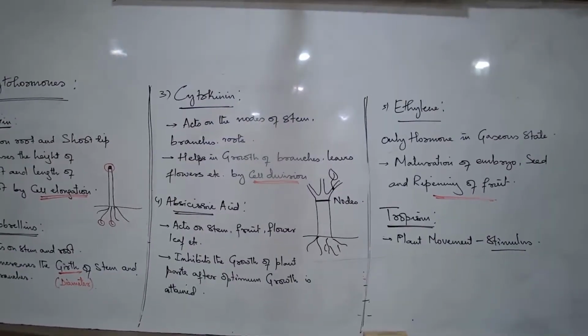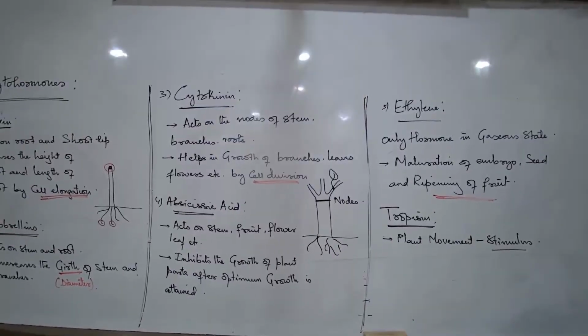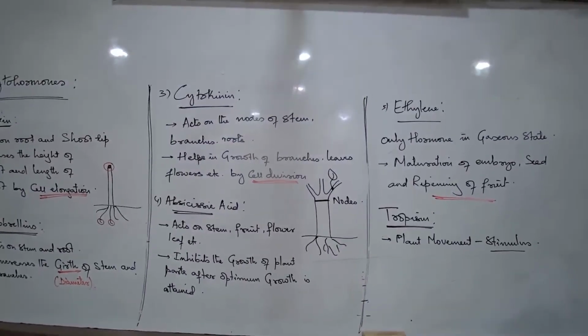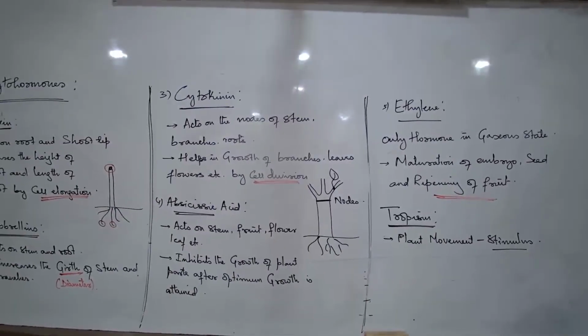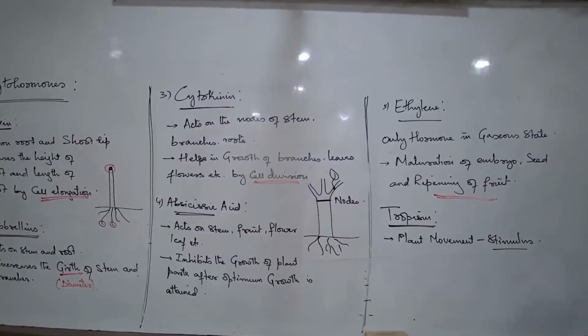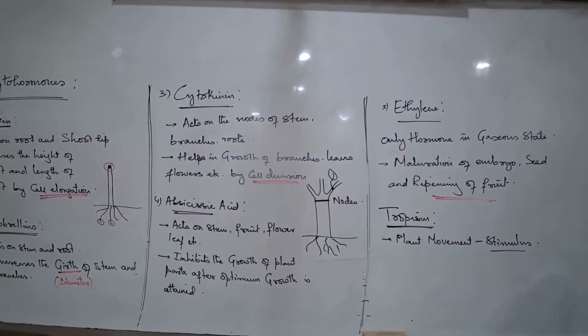I am talking to you, I am dictating something, you are writing. So what is the stimulus? Sound. Somebody is calling you and you respond. You suddenly see a big flash of light and you close your eyes. What is the stimulus there? Light. Light is the stimulus and we respond.